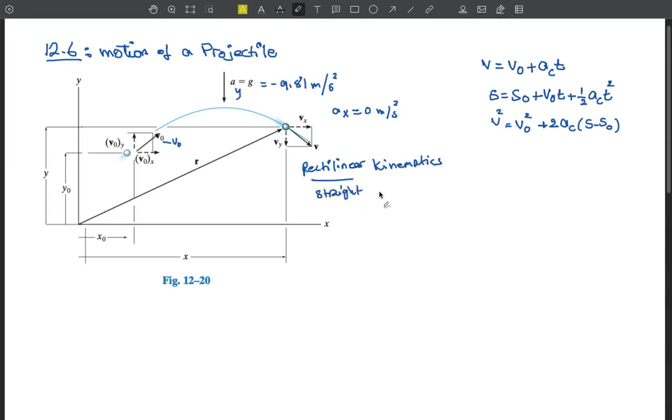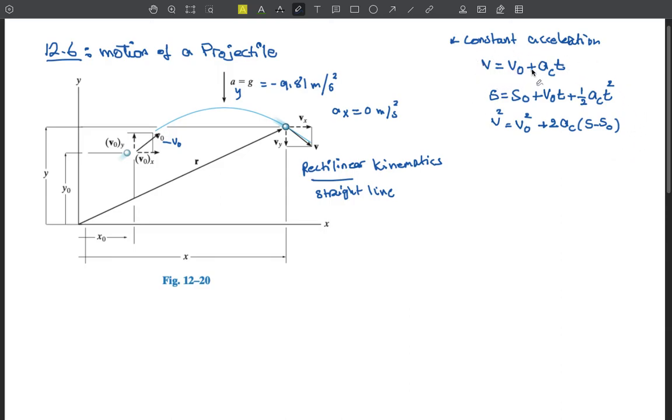So we can make use of our equations that we came up with in section 2 of chapter 12. Here we were saying that we have a constant acceleration situation, and there we could come up with these three equations, as you probably remember.